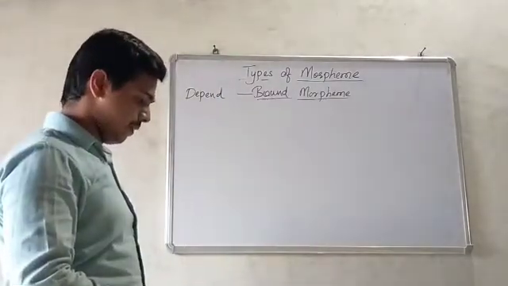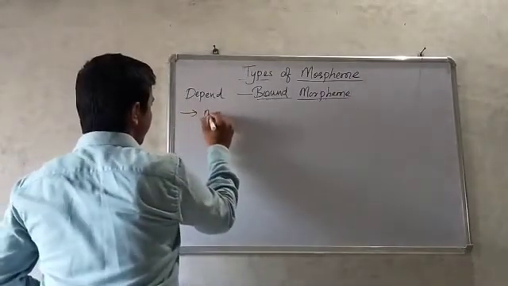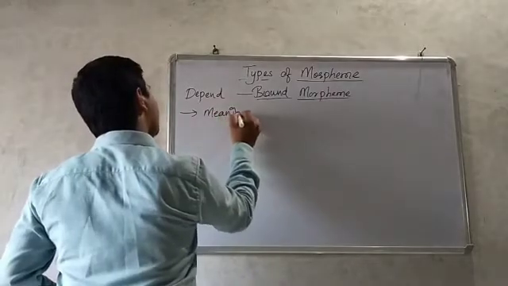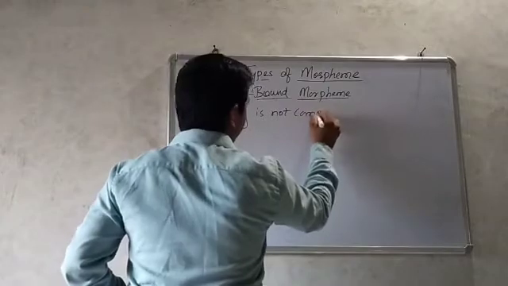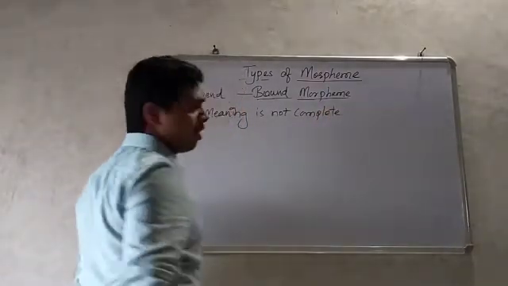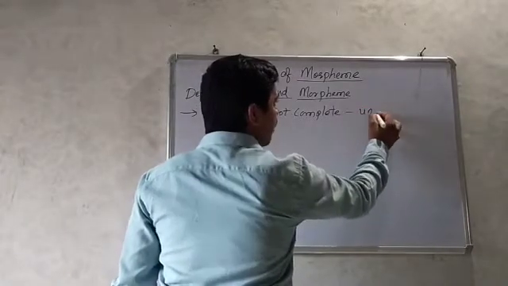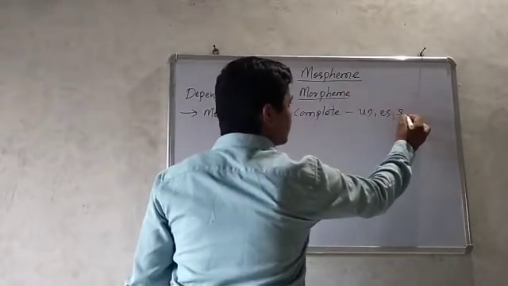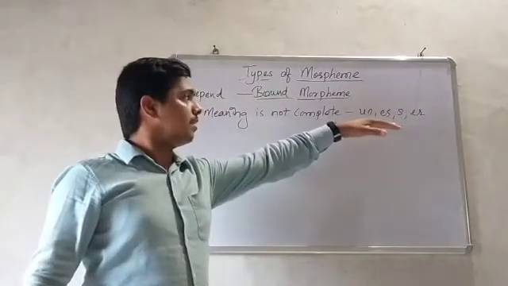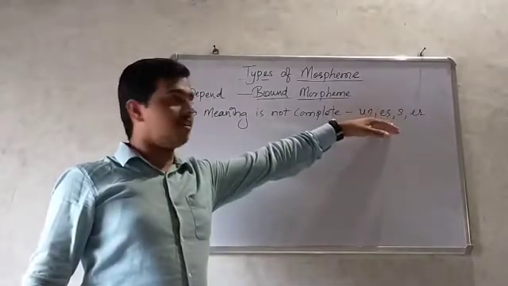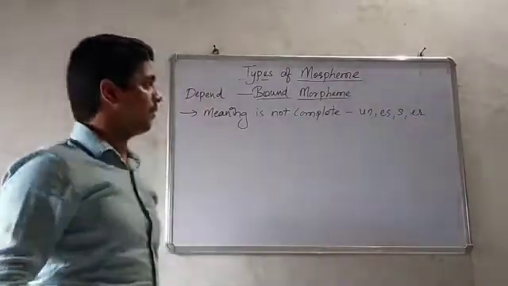In this type, in bound morpheme, the meaning is not complete, because if I write un or es or er, those meanings are useless, or it has no proper meaning.